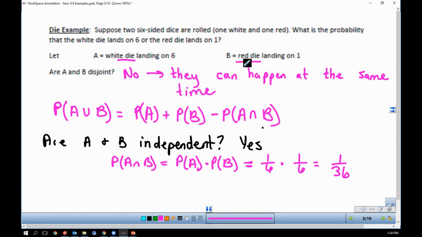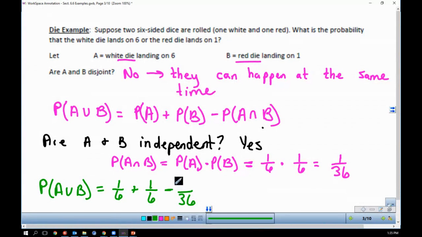Okay, so to find the union, we go back to our original question. We already said the probability that A occurs is 1/6, plus the probability that B occurs is 1/6. And then we just found out that the intersection is 1/36. So what's the probability that one or the other occur?